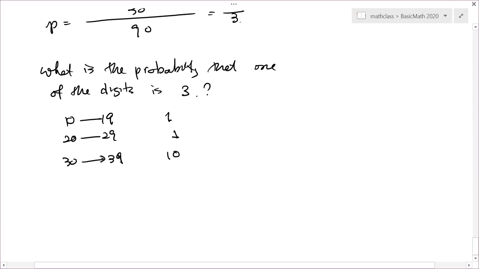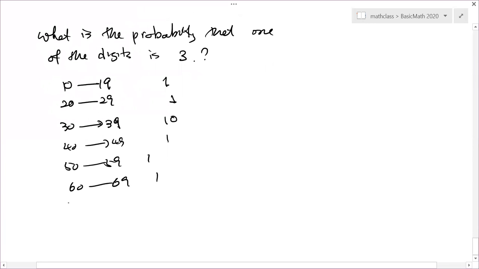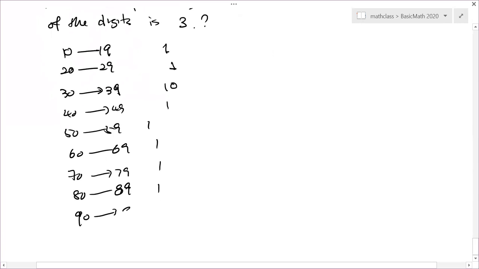I'm not counting the number of digits, I just say those numbers always contain 3. Then 40 to 49, it's 1. 50 to 59, 1. 60 to 69, 1. 70 to 79, 1. 80 to 89, 1. 90 to 99, it's also 1. So 1, 2, 3, 4, 5, 6, 7, 8, 18 or 17?